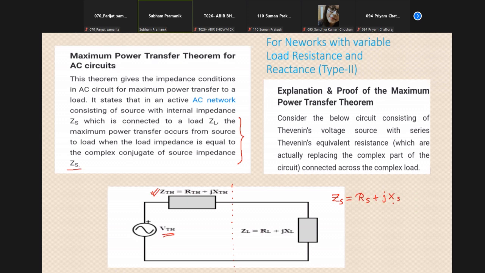Similarly, if it were a capacitor, it would be minus 1 by omega C. Anyway, the statement says that ZL must be the complex conjugate, that means ZS star, or we can say it is RS minus jXS. Have you studied this form of maximum power transfer theorem in basic electrical?